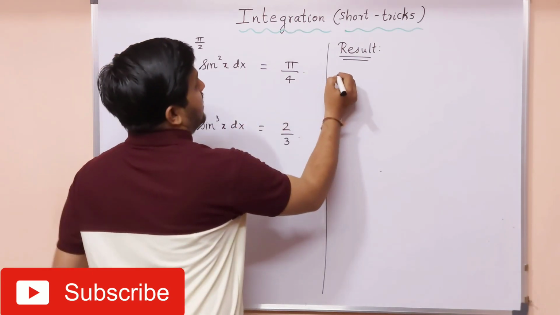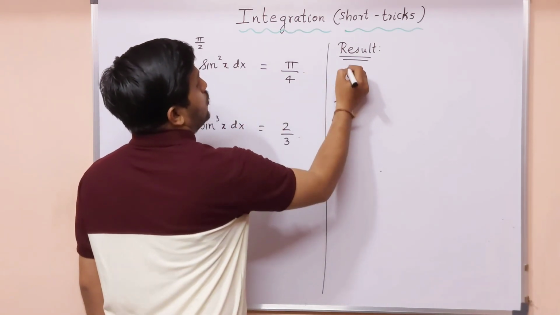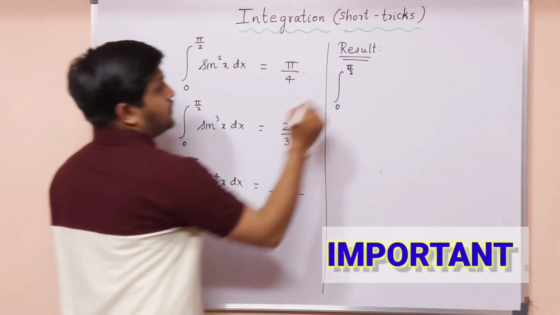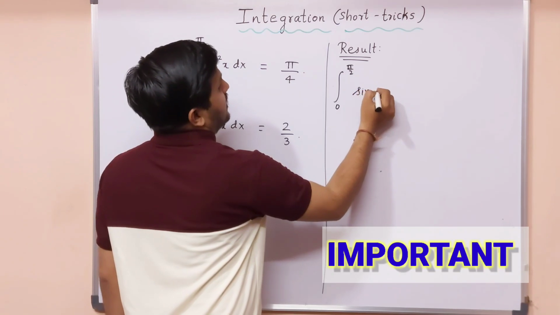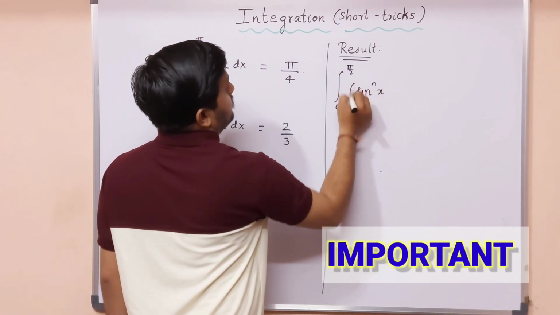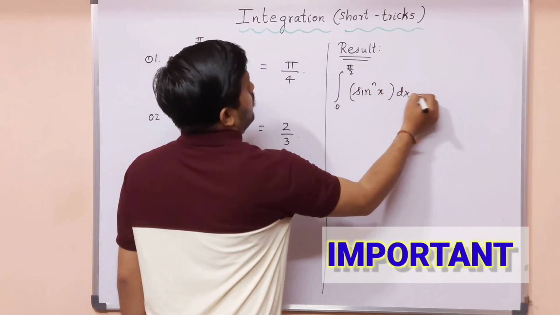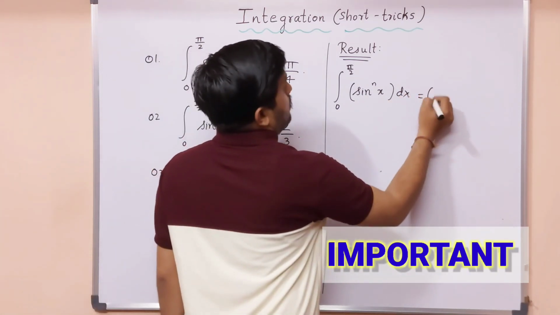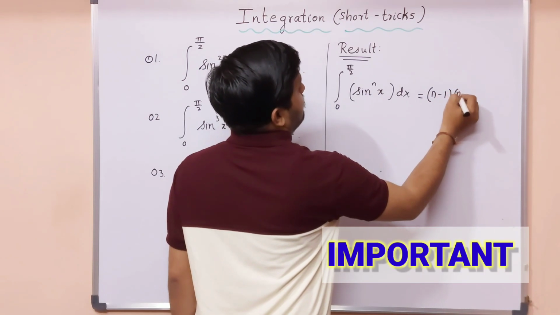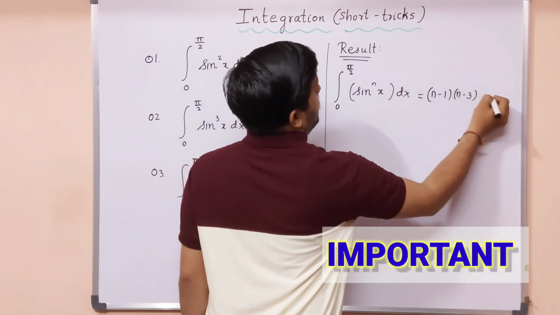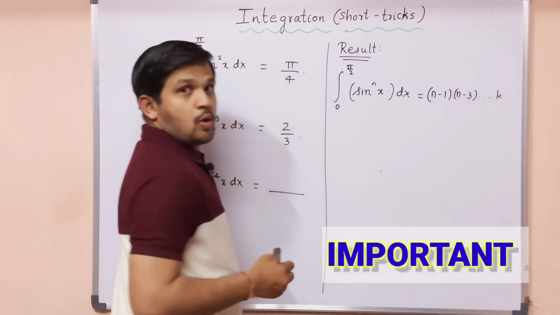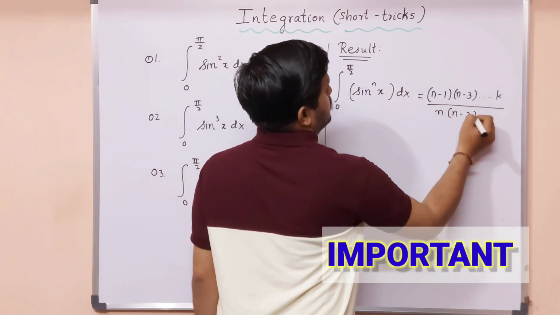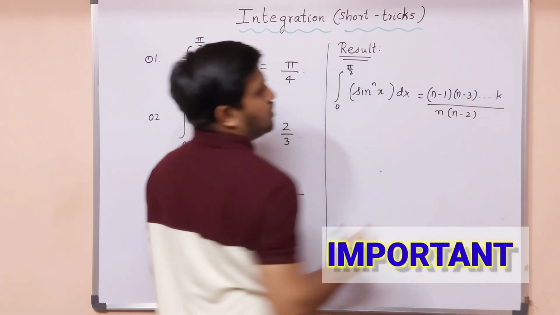What does the result say? Integral 0 to pi by 2, keep this as it is, of sin x whole power n into dx. The solution of this is: numerator n minus 1, n minus 3, n minus 5, up to k, divided by denominator containing n, n minus 2, n minus 4, and it goes on.